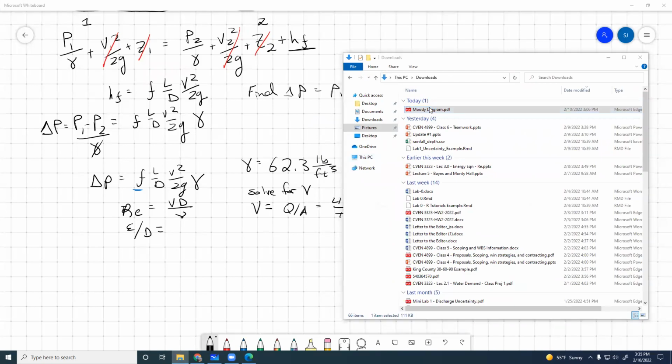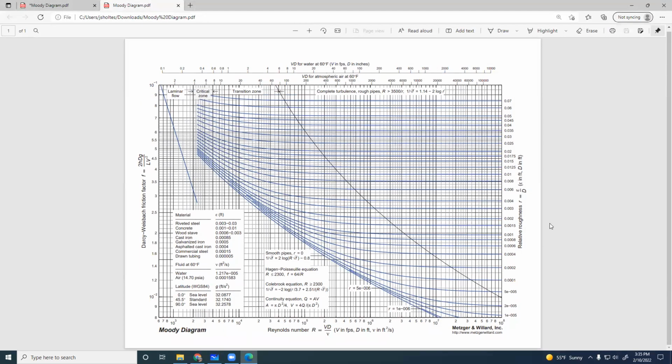Moody diagram. Yeah. Okay, 1.08. That's the number I have down in my notes. So that's 60, so that would probably then be normal conditions.